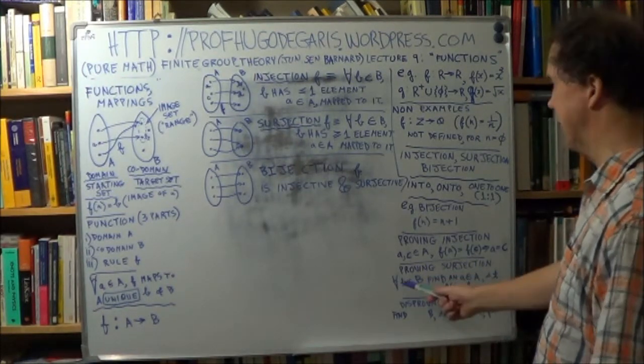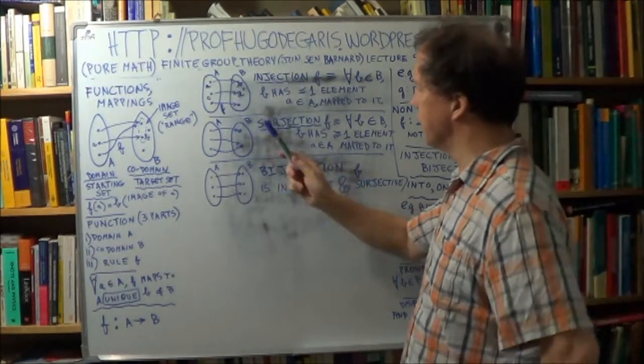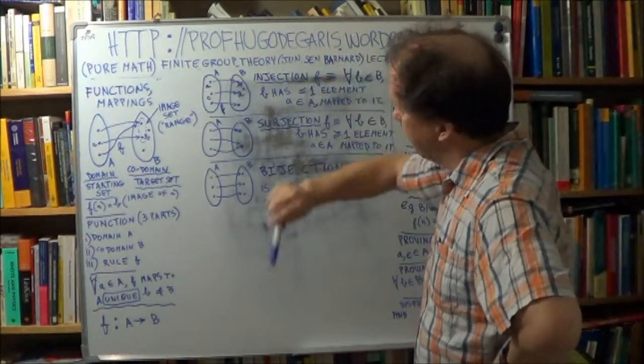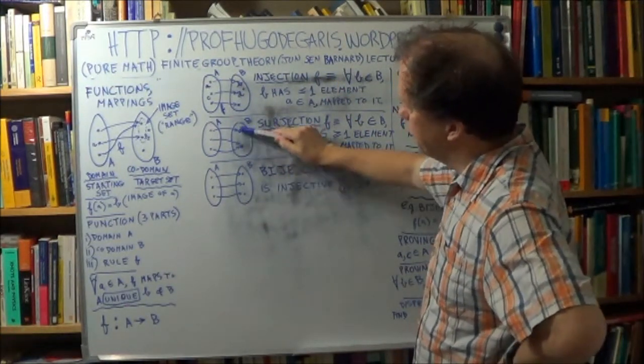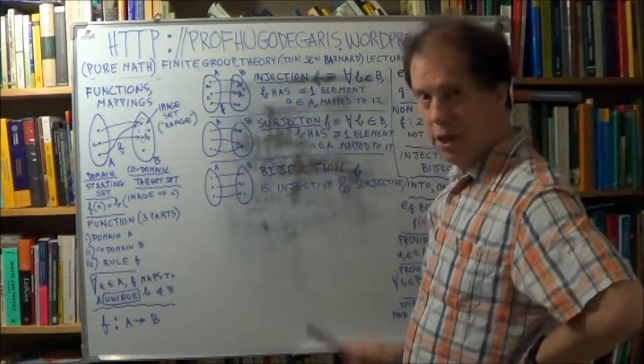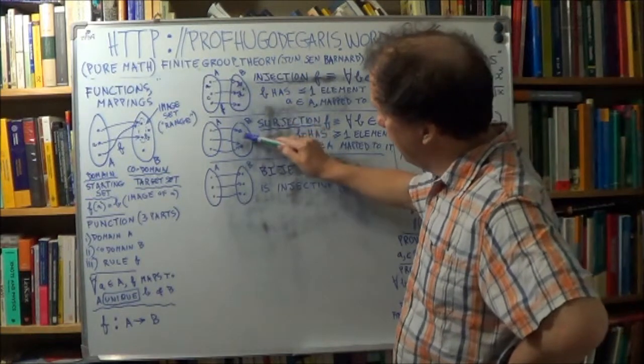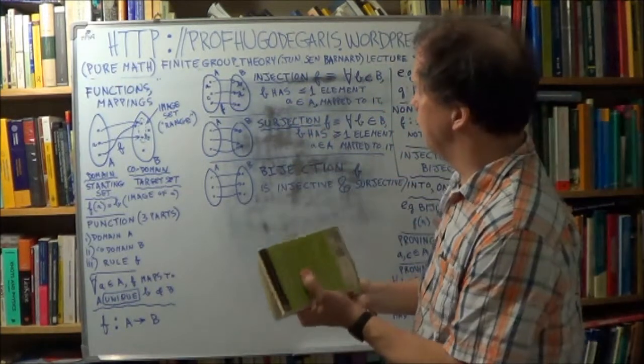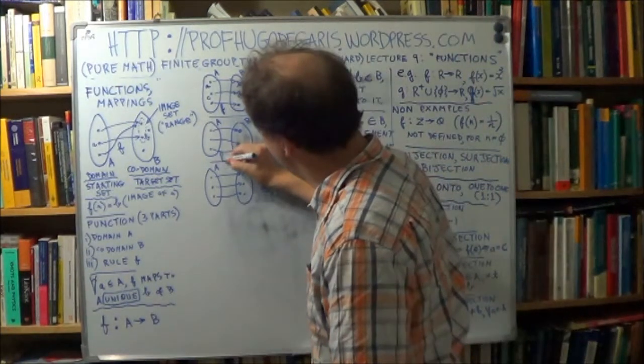Well, surjection. So we're here. Take any point in your codomain, in your target set, and you know your f.